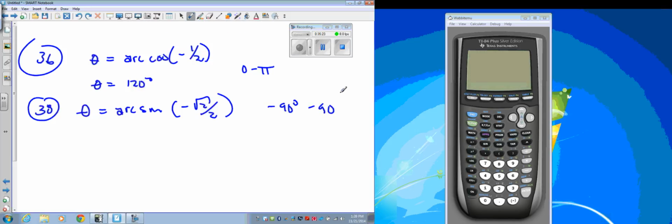So have you got it figured out? Everyone agree? Minus 45 degrees.